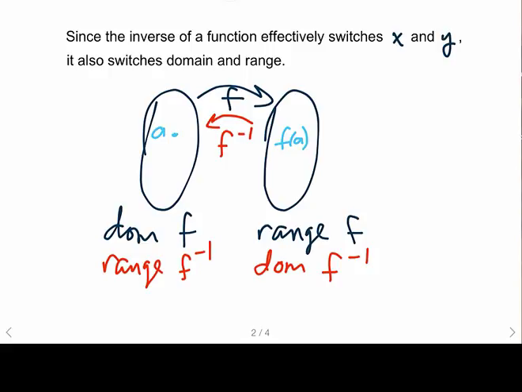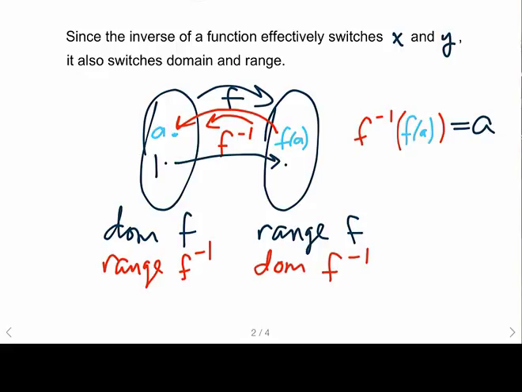I could then ask for, using composition of functions, f inverse of f of a. So f inverse, taking us in the opposite direction that f did, would take f of a back to a. A little more concrete. In the last example, we saw a function that mapped 1 to 4 because it added 3.